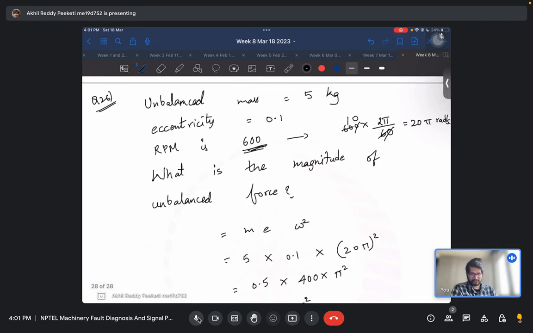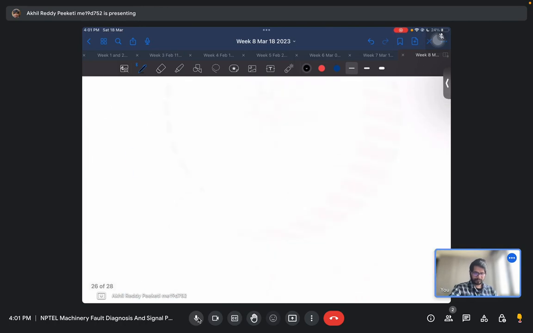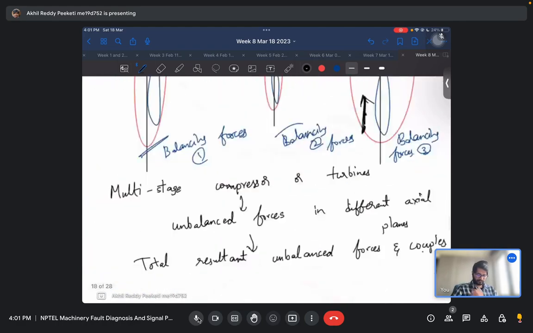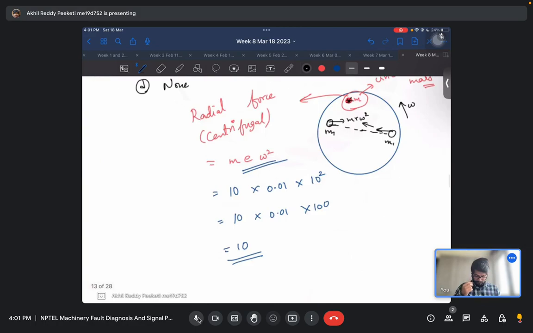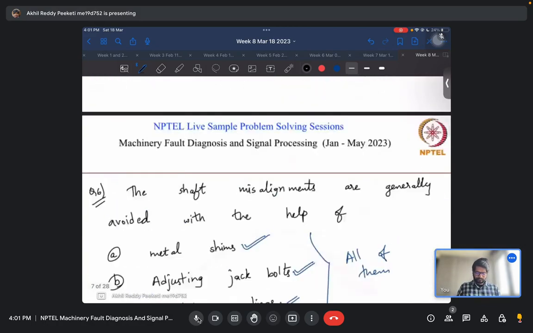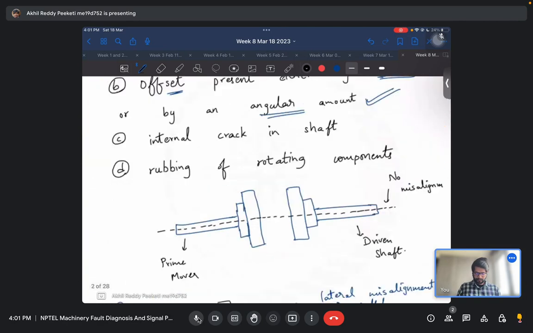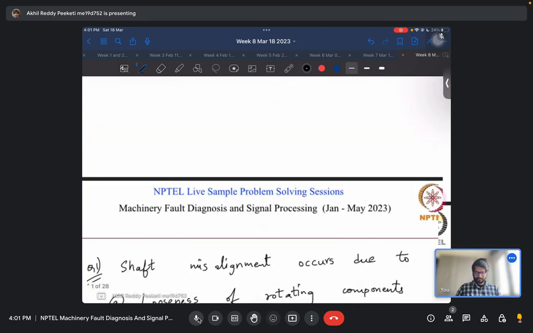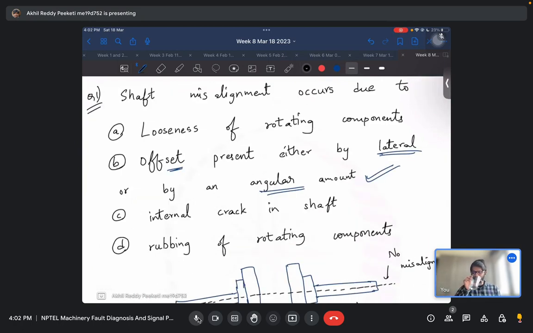So before closing, I will just revise today's setup. So how does shaft misalignment occur?